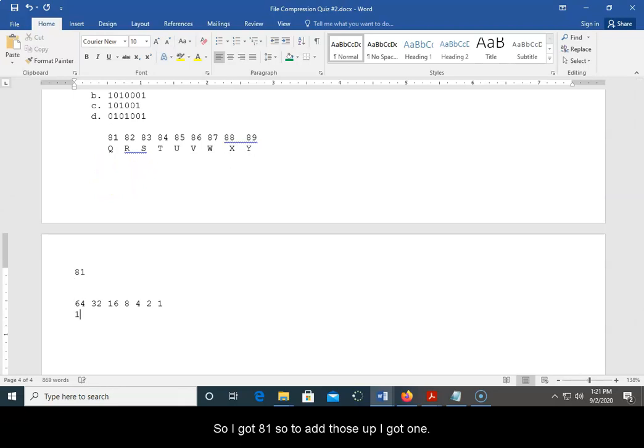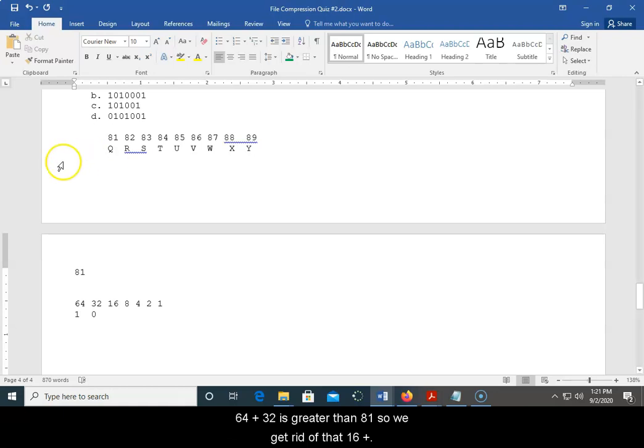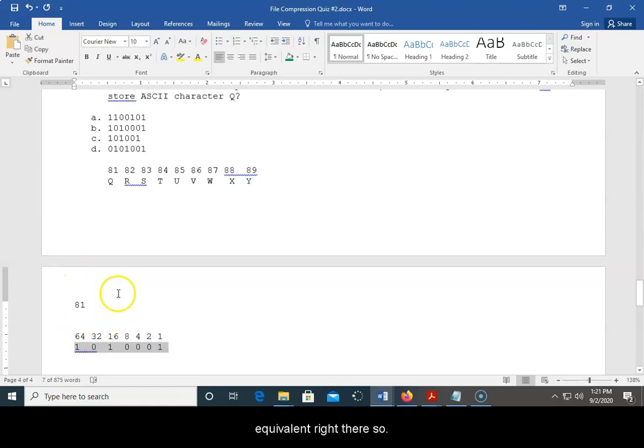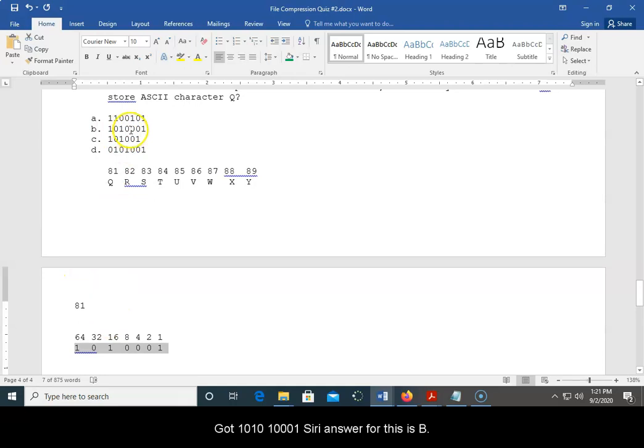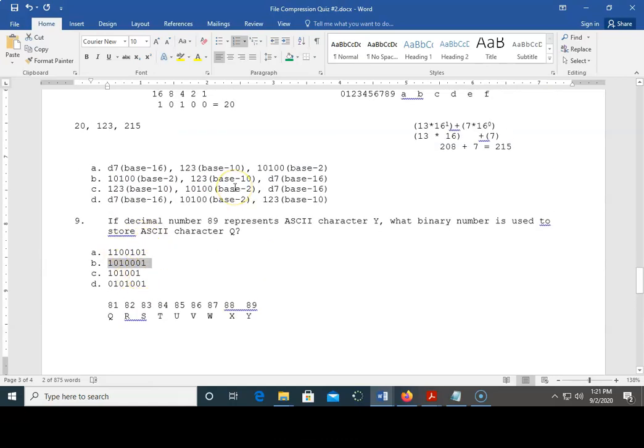To add those up, 64 plus 32 is greater than 81, so we get rid of that. 16 plus 64 is 80. So that's on. And then that'd be 88, that'd be 84, that'd be 82, that'd be 81. So 81 is its binary equivalent right there. So you've got 1010001. So your answer for this is B. For number 9, the answer is B.